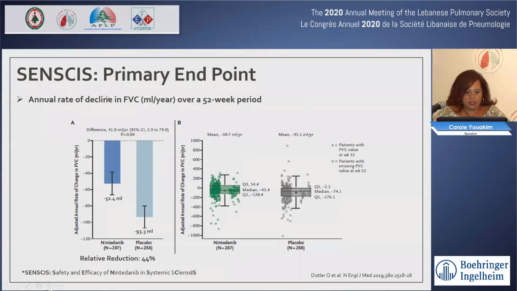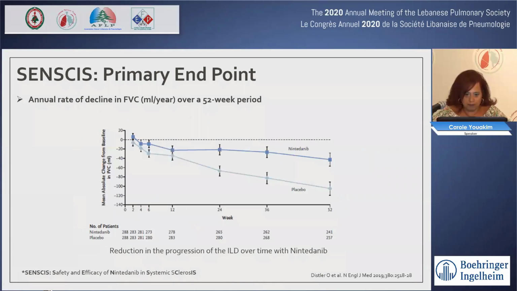Primary endpoint of the trial: there was a reduction in the annual rate of decline in FVC over a 52-week period with nintedanib, 52 ml, when compared with placebo, 93.3 ml. Difference, 41 ml per year, statistically significant. This translates into a relative reduction of 44% in the annual rate of decline in FVC over 1 year.